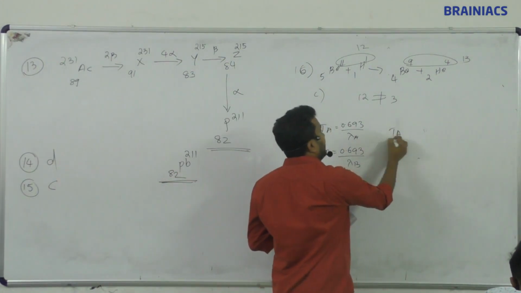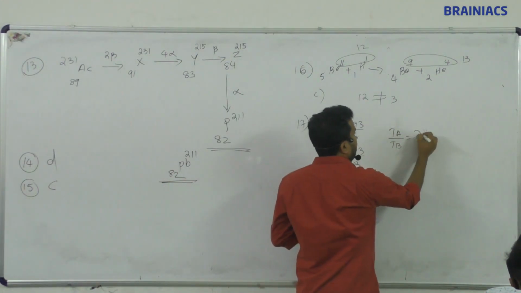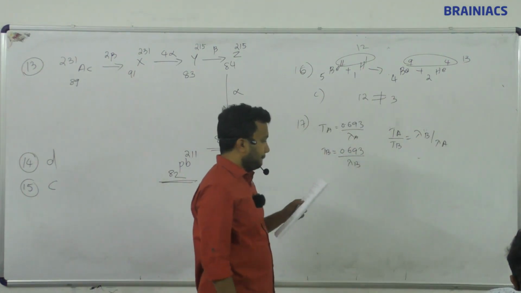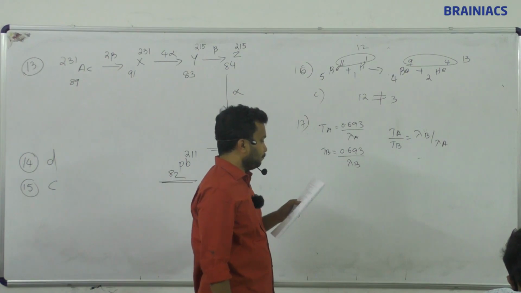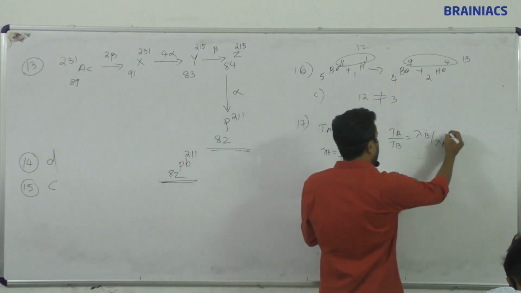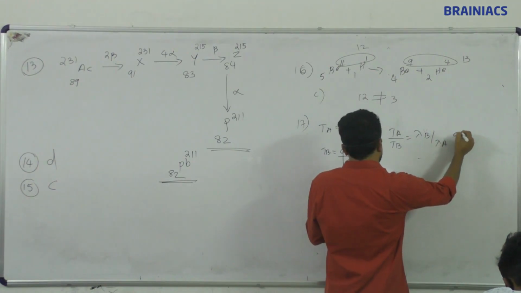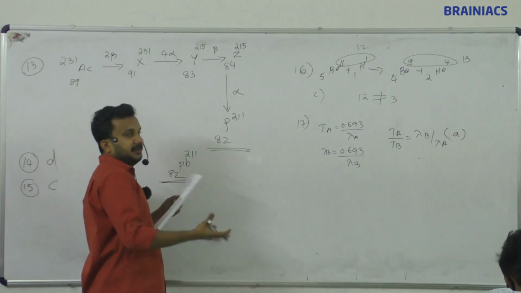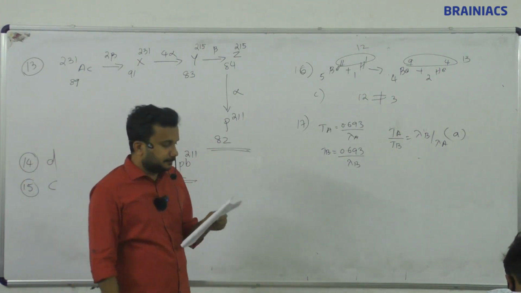So TA by TB equals lambda B by lambda A. Lambda A by lambda B equals TB by TA. So the answer is option A, the reverse on the left side.